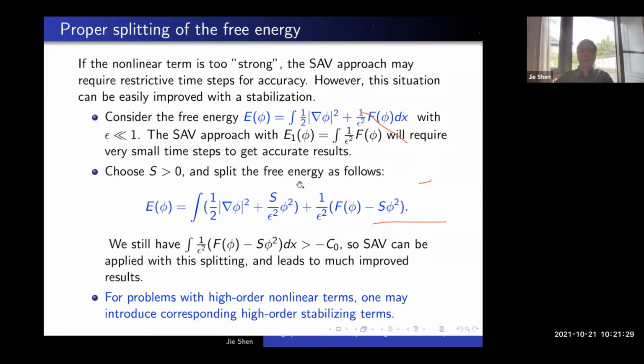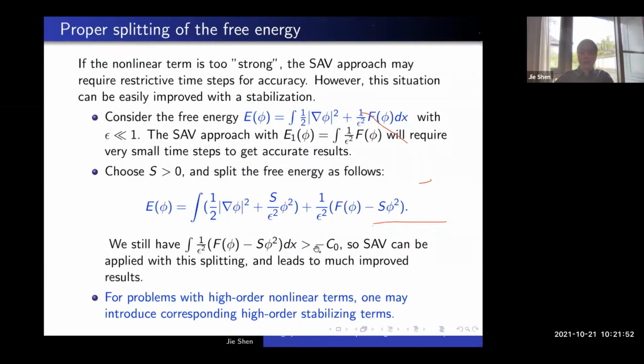But you can fix this very easily. What you could do is add and subtract a quadratic term here. You add a quadratic term to the implicit part, and of course you need to subtract it.